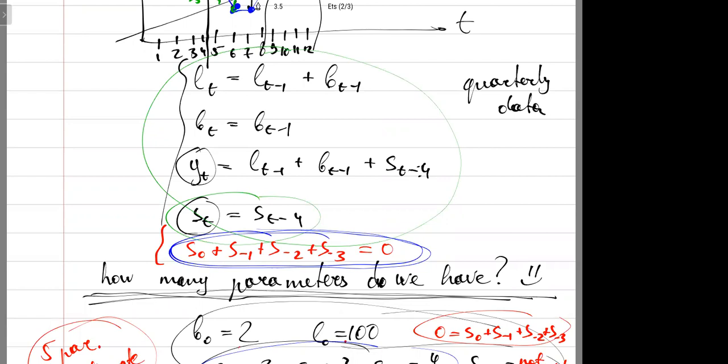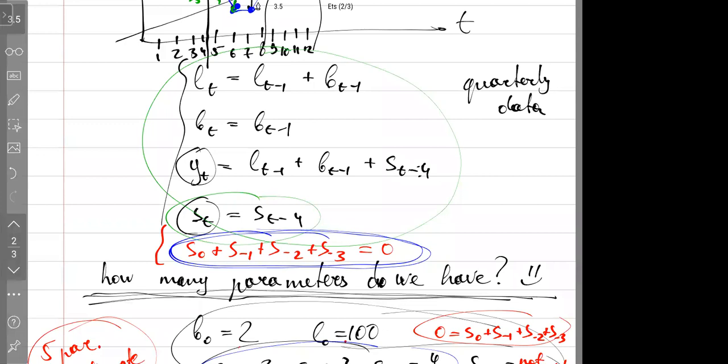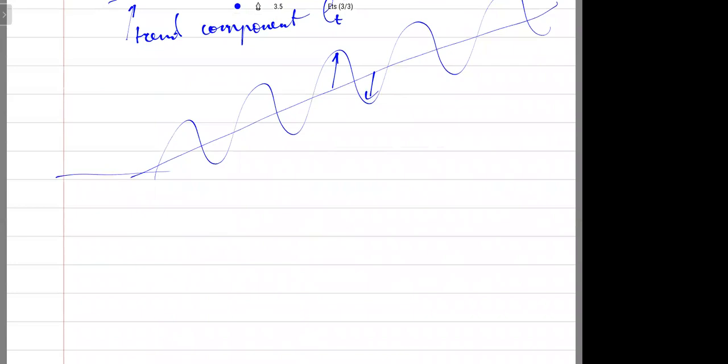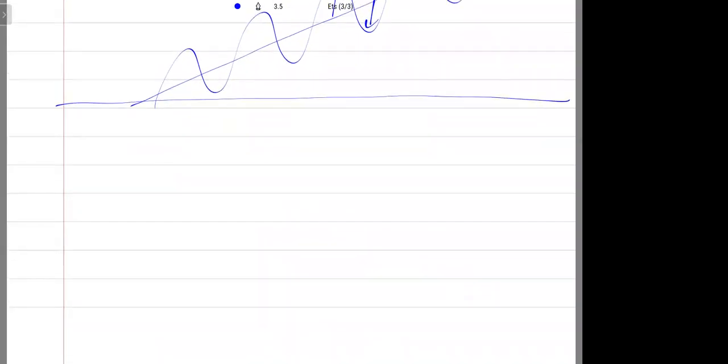Okay. Now if everything is clear with the model without noise, then let's introduce noise, and we will have the ETS model. So finally, model with noise. We don't use a model without noise.